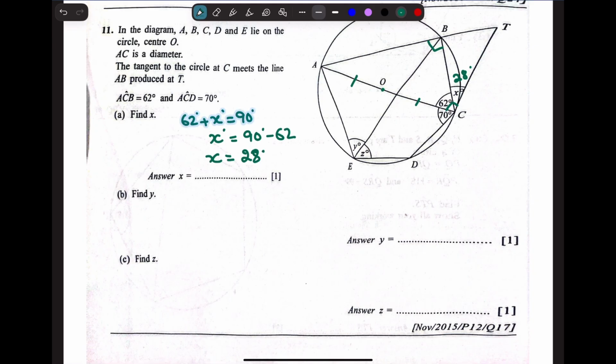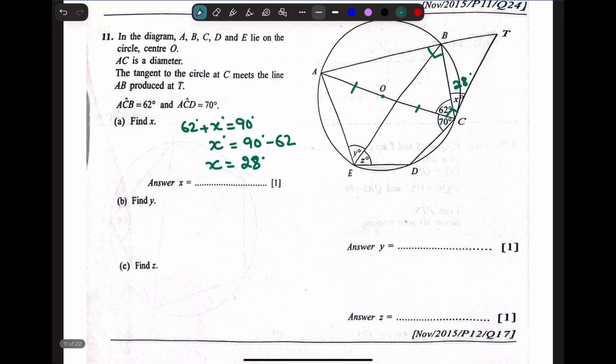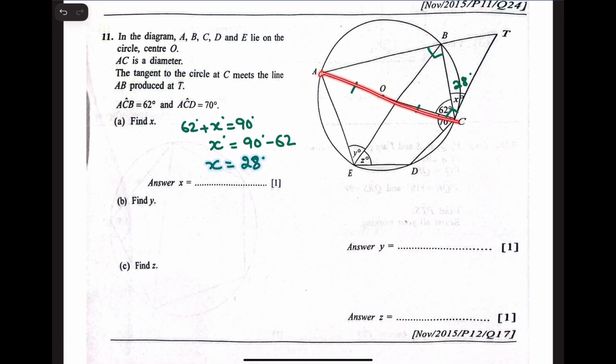Now they're asking us to find Y. Okay, so let's see. A, C, D, E is a cyclic quadrilateral. Okay, all 4 points are on the circumference. And they want us to find angle Y. Alright. So if this is 70, Y plus Z plus 70 should be 180.